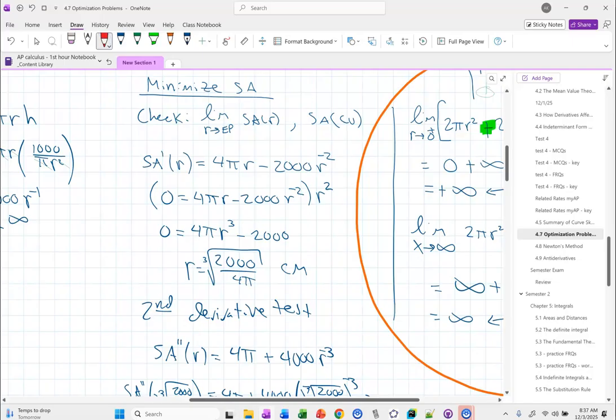So right after here, where I've found only one possible critical value, I'm just going to pick a test value on either side of this critical value.